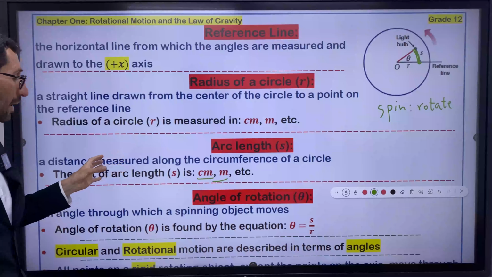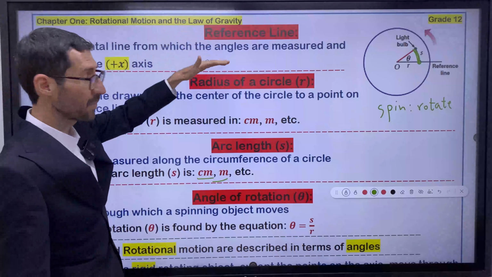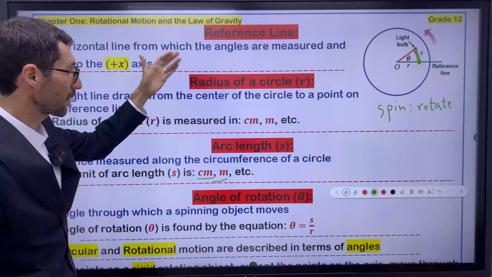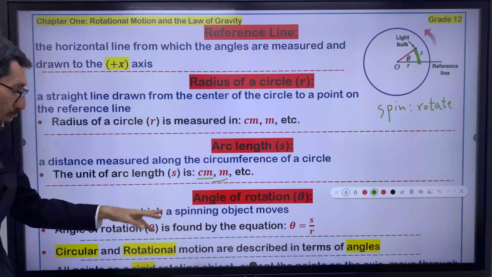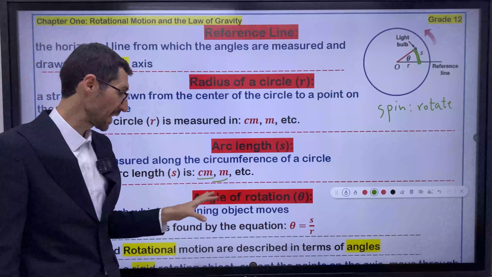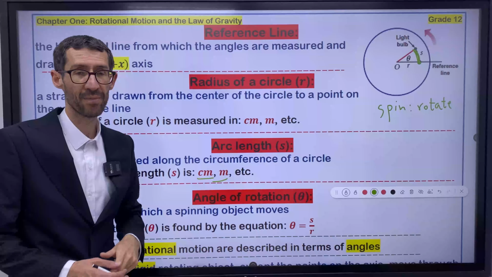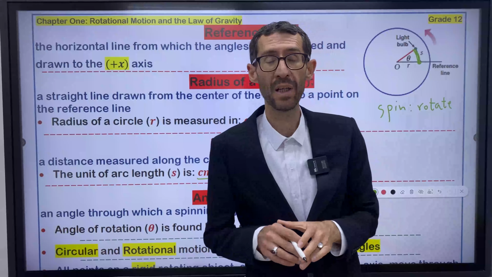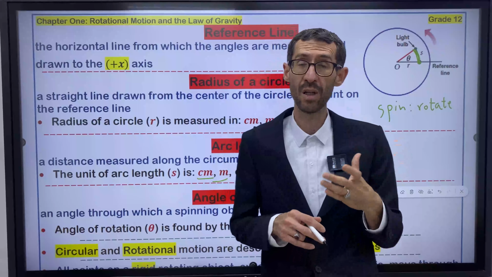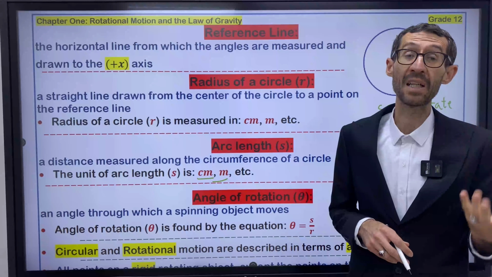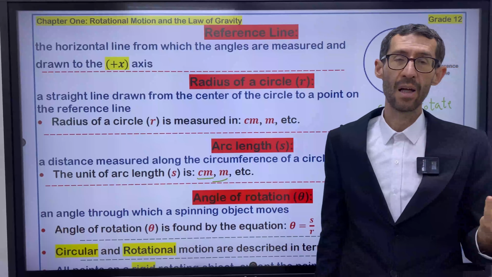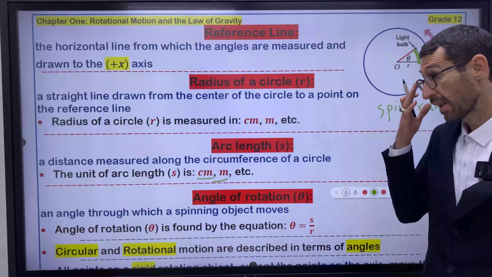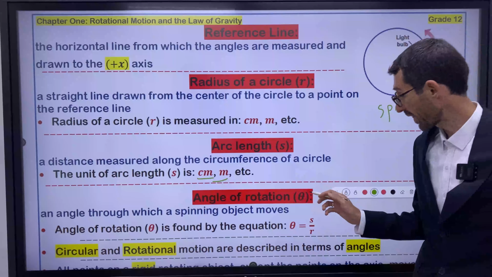There are three important expressions: reference line, radius of circle, arc length, and the last one that we need, which is very important, angle of rotation. Angle of rotation is very important, especially when you want to describe the motion of a spinning object, of circular motion, right? Angle of rotation, or theta.